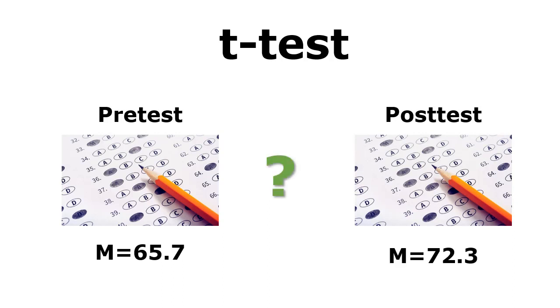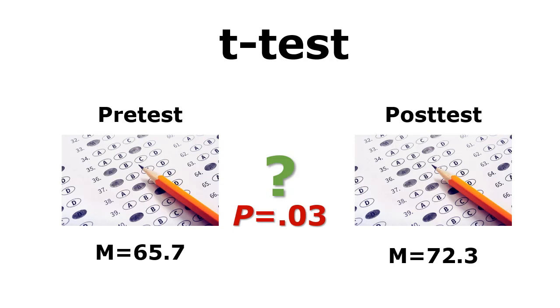So that's an increase, that's a difference, but is that a real difference, or is it just that in this one sample, in this one instance of measuring, people did differently, the way anybody would if they took a test and then took it again? Scores would just be different. But in this case, the average scores went up. Is that due to chance, or is that due to the actual data that you analyze?